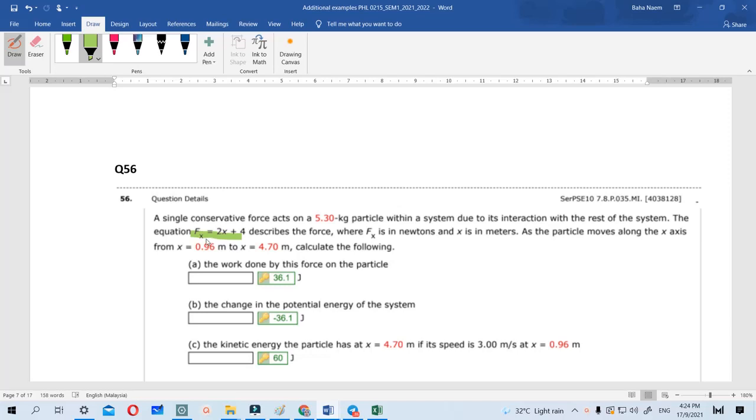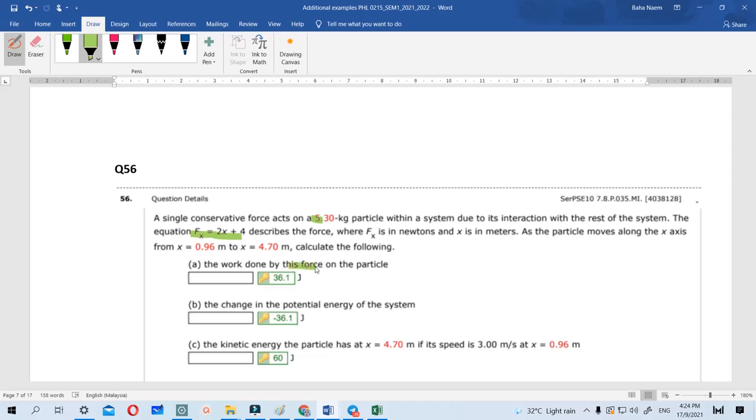Because we are given an equation, we use the concept of integration. So this force is a conservative force, the mass is 5.3, and the force equation is such. Then as the particle moves between 0.96 and 4.7, meaning this is initial, this is final, calculate the work done by this force.